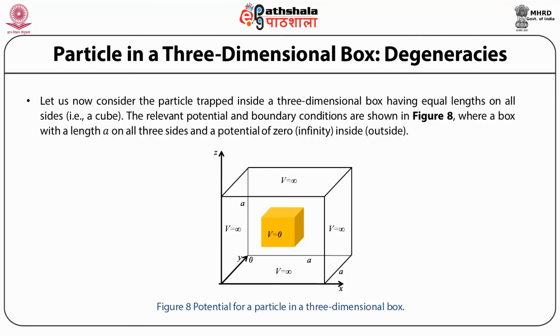So the relevant potential and boundary conditions are shown in this figure, where a box with length a on all three sides has a potential of 0 inside and infinity outside. The boundary conditions are systematically shown in this figure.